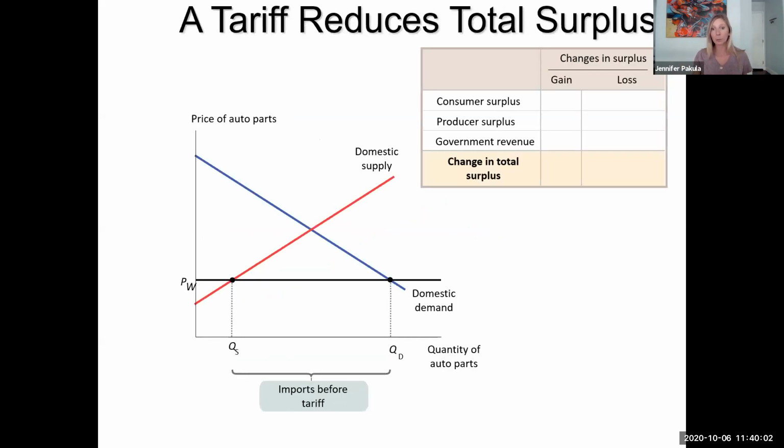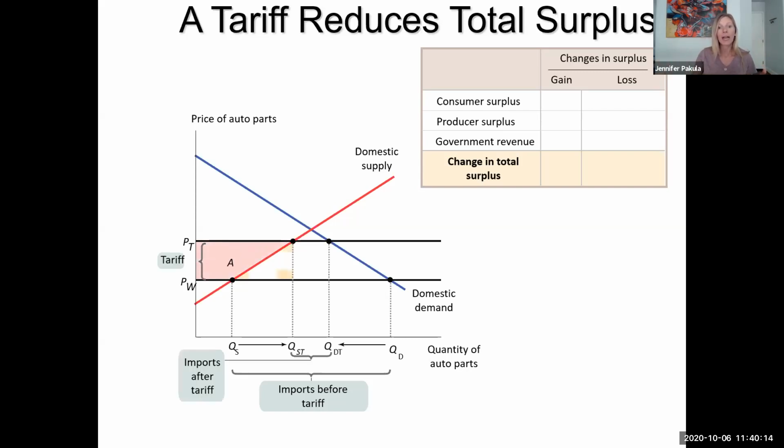Now let's look at surplus and what's happened here. We know that when we had international trade, when we were able to consume more at that lower world price, consumer surplus was the area above that world price below demand. This chart here is just showing our change.